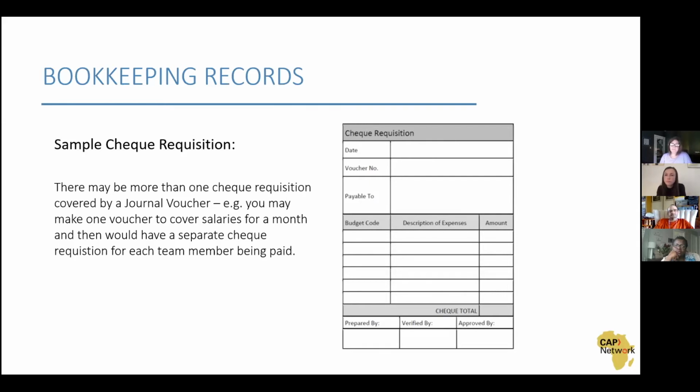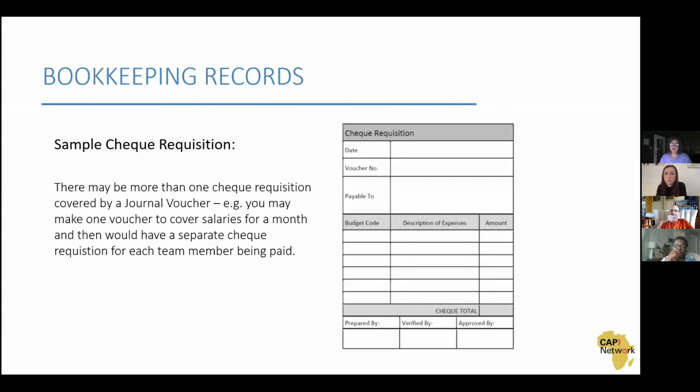Okay. So the check, this is also an important note. There may be more than one check or payment requisition associated with a voucher. So one voucher might cover, say, all of the salaries that are being paid for the month of October.